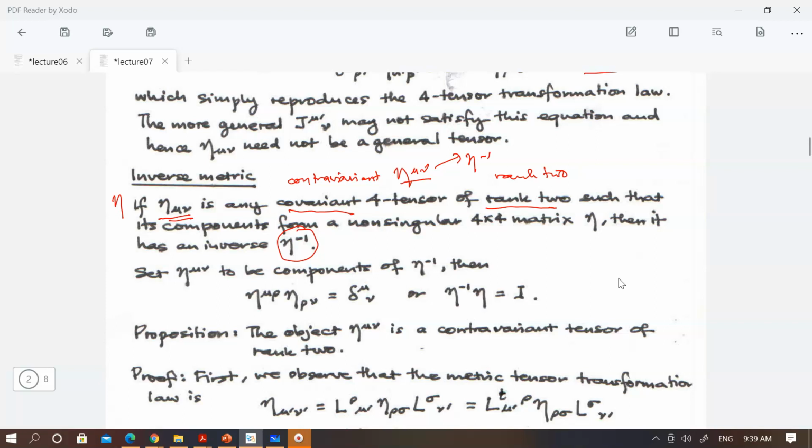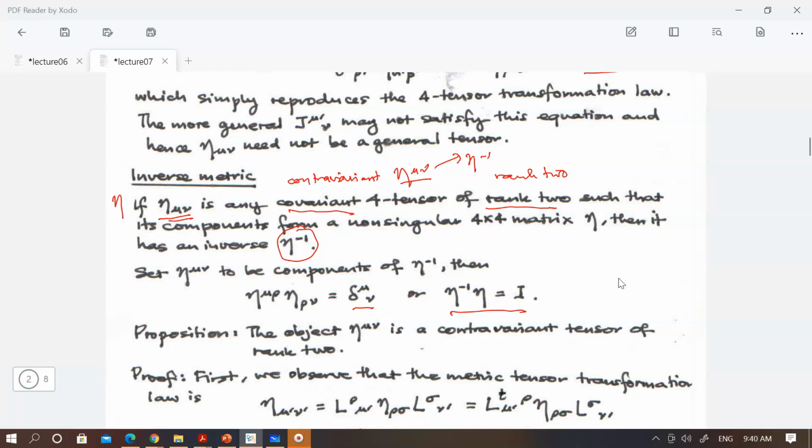Remember the summed index will have to be adjacent over here. So eta mu rho, eta rho nu, and that will give you delta mu nu. In terms of matrices, this is just the matrix eta inverse multiplied by the matrix eta, and that gives you the identity.